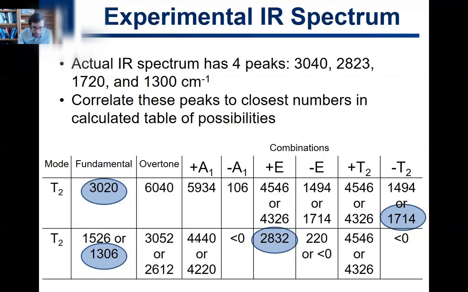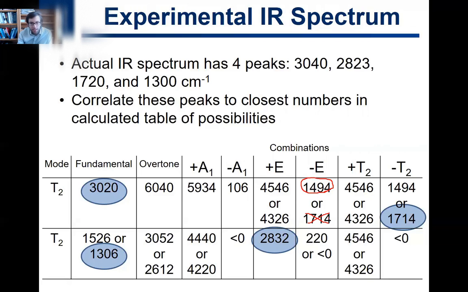And E is not 1306, that's T2. So this value is no longer valid. That's not an accurate position for the T2 minus E anymore. If it did show up in the spectrum, it would be at 1494, because we know now that the T2 is 1306. So it should be 3020 minus 1526 for E, which is 1494, okay?